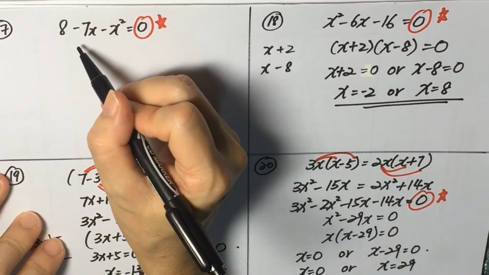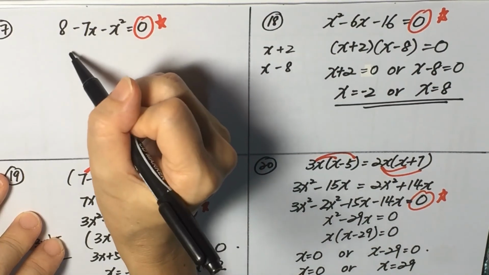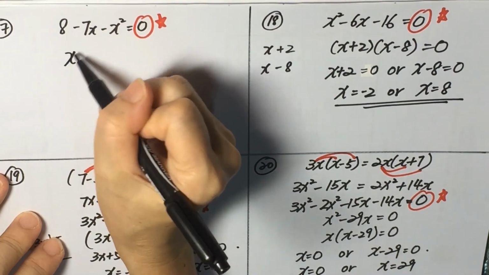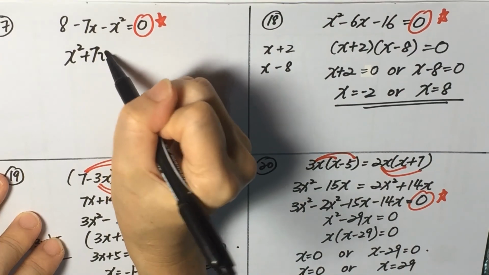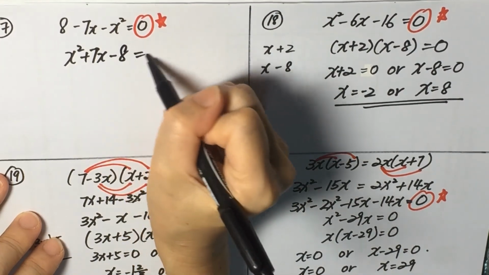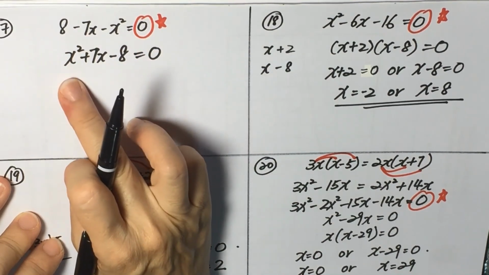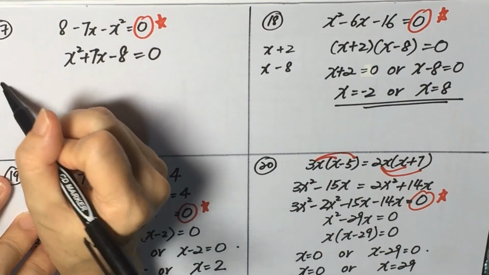Okay, for question 17, I choose to arrange the terms in this expression in descending order. So I have x squared minus 7x plus 7x minus 8 equals 0. I multiply by negative, and so it becomes x squared plus 7x minus 8 equals 0.